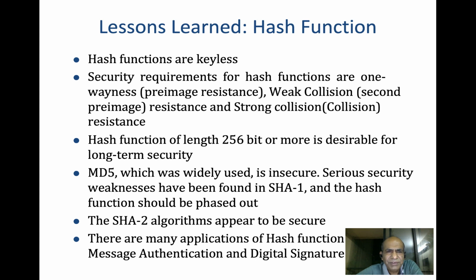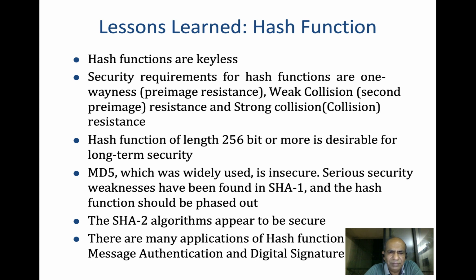Important properties of hash functions are pre-image resistance, that is one-wayness, weak collision resistance, that is second pre-image resistance, and strong collision resistance, which is collision resistance. Hash functions of length 256 bits are more desirable for long-term security.